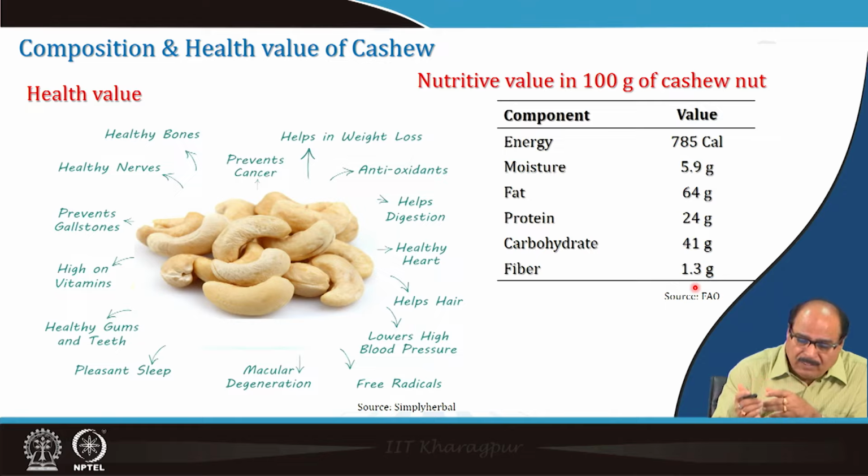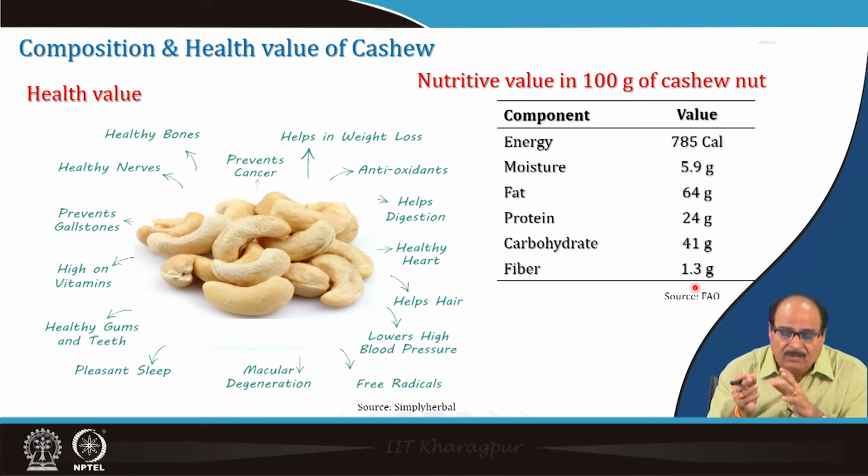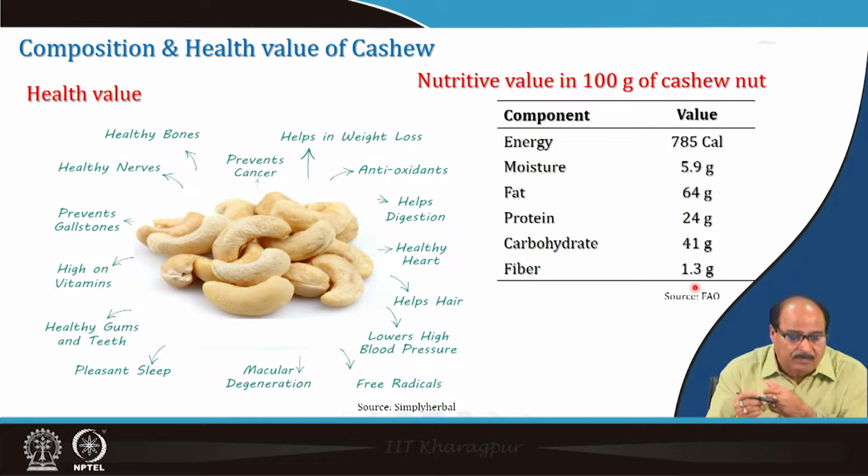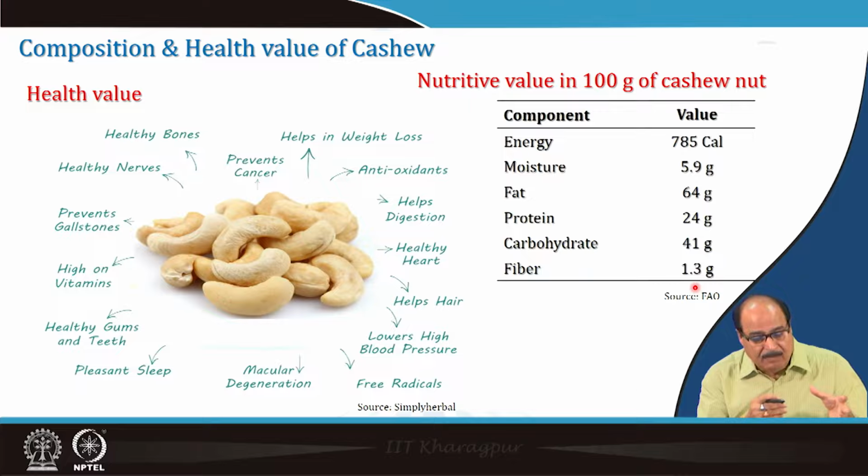Health value: again, like other plantation crop products, here also it has very good benefits. It helps in maintaining healthy bones, healthy nerves, it prevents gallstones, it is high in vitamins, it maintains healthy gums and teeth, and it gives a pleasant sleep.